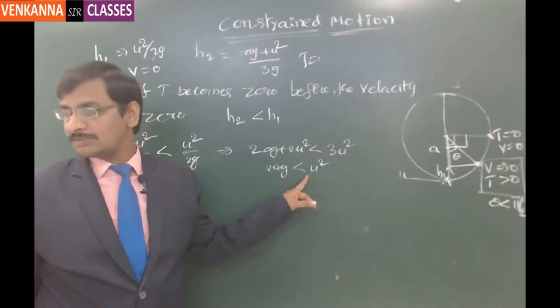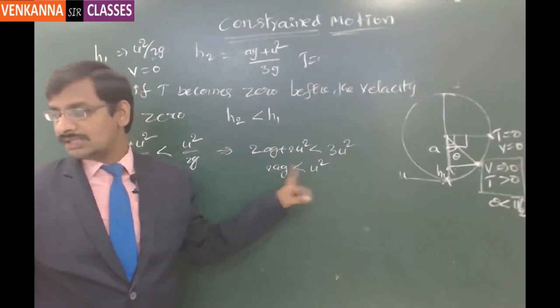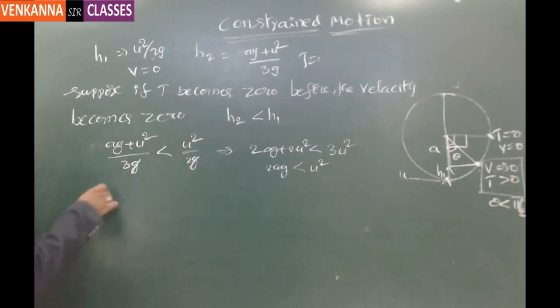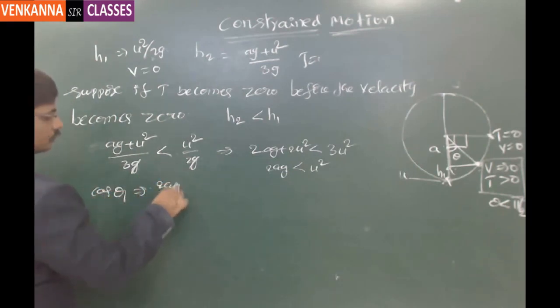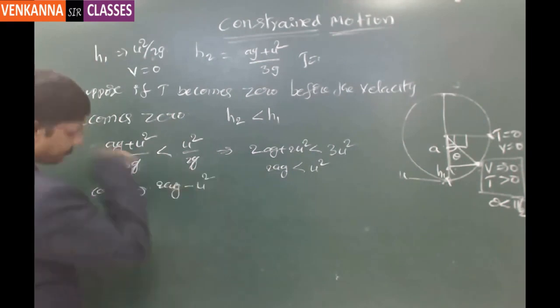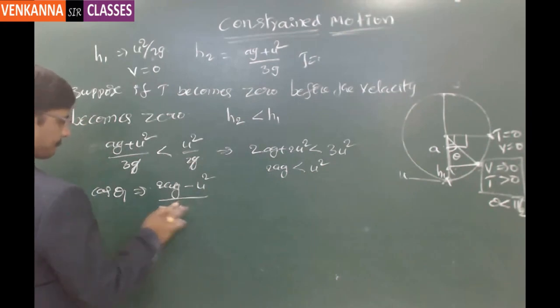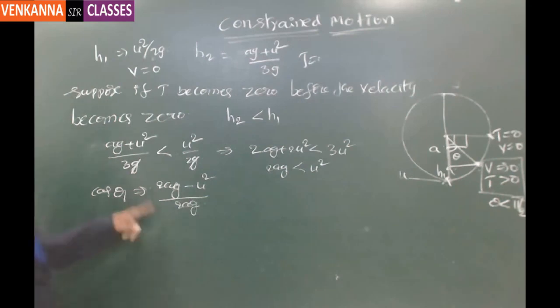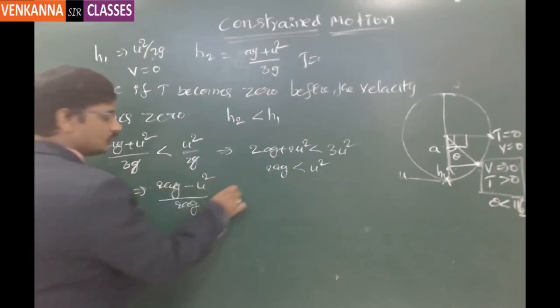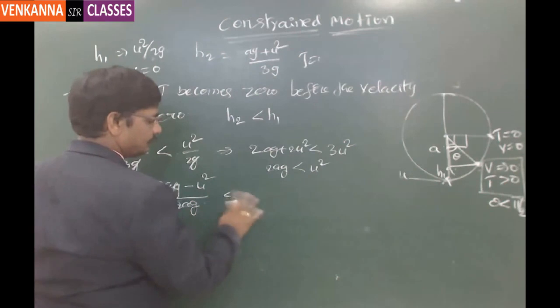Now in this particular case where 2Ag is less than U square, cos theta 1 is 2Ag minus U square. Now if you notice here, 2Ag is less than U square, so this value is going to be a negative value.